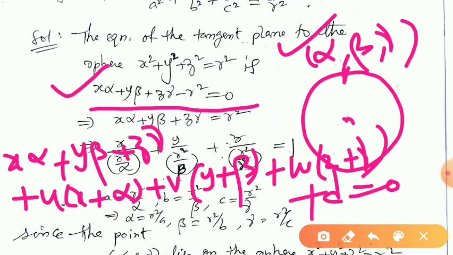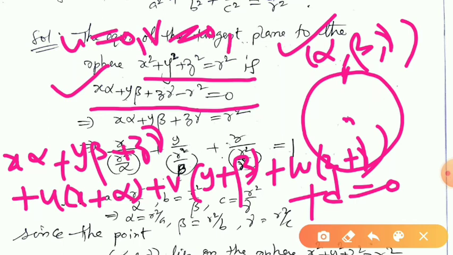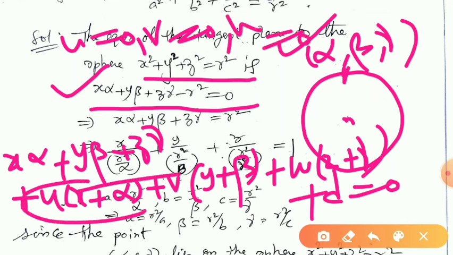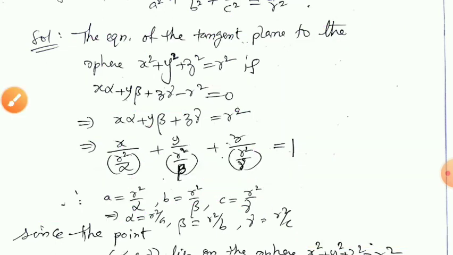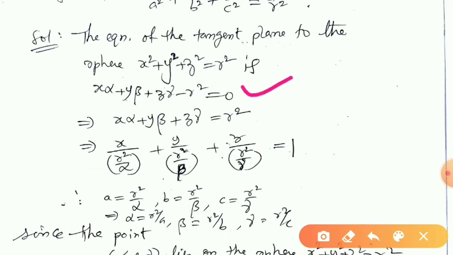Because in this equation of sphere there is no x term, no y term, no z term, therefore u is equal to 0, v is equal to 0, w is equal to 0. Therefore these terms are absent in the tangent plane. Also the constant term is minus r square. Therefore here we can write d is equal to minus r square. So in this case this is the tangent plane. This implies x alpha plus y beta plus z gamma is equal to r square.